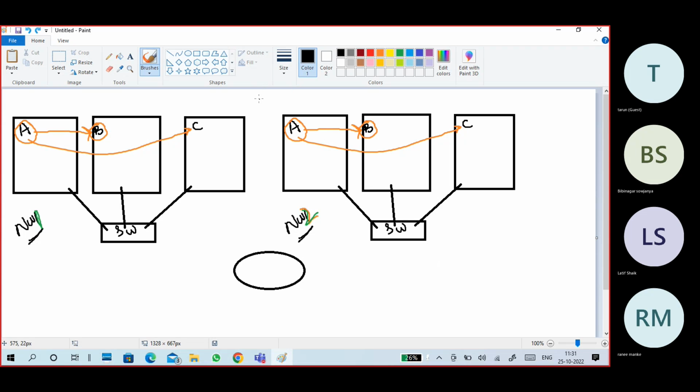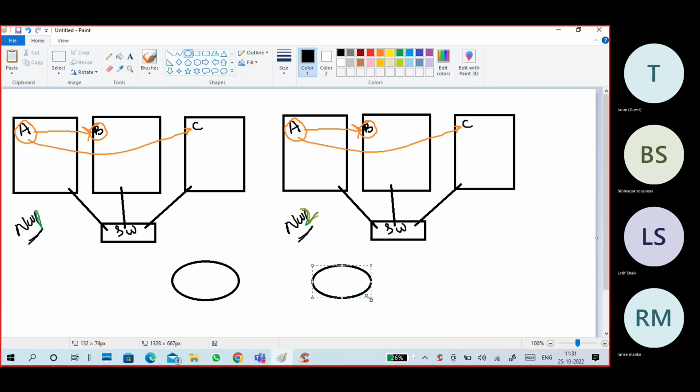You want to treat this side as a separate network and that side as a separate network, and we want to make a connection between these networks. So you can connect it like this, or another way also. This is a router, this is another router. Every network has its own router. So there are a lot of possibilities out there.